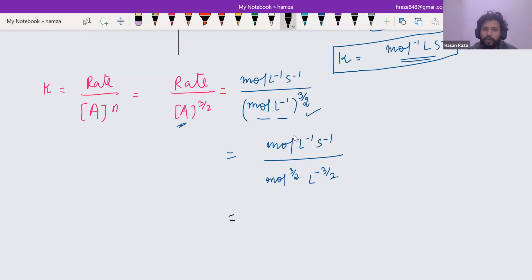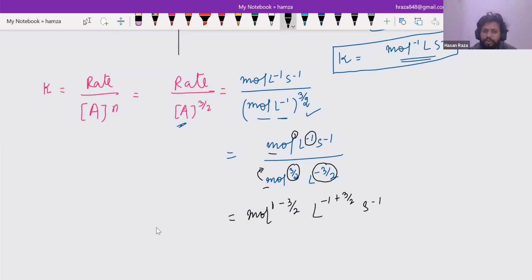You can see in the numerator it is power 1 and in the denominator it is power 3 by 2 and the bases are the same. So I'm going to write mole raised to the power 1, and when it moves to the numerator there will be a negative sign, minus 3 by 2. And you can see this is minus 1 and this is minus 3 by 2. When it moves up to the numerator there will be a negative sign, and there is already a negative sign which will make it positive, so plus 3 by 2 per second.